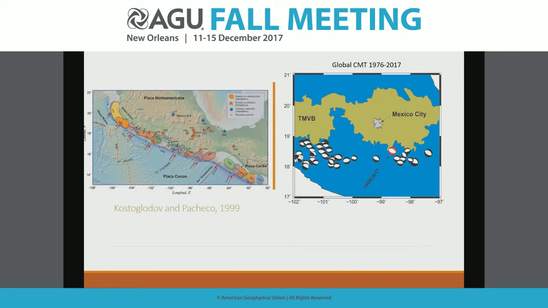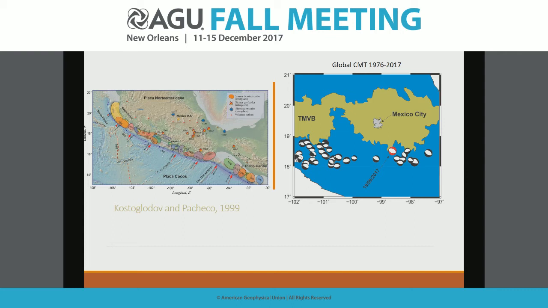Again, this figure from Kostoglodov and Pacheco shows the largest earthquakes in the last century. This is the 1932 magnitude 8.2 earthquake. The largest earthquakes occur at the collision between the Cocos Plate and the North American Plate.